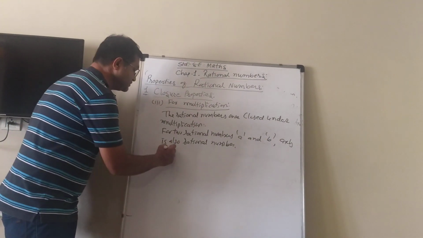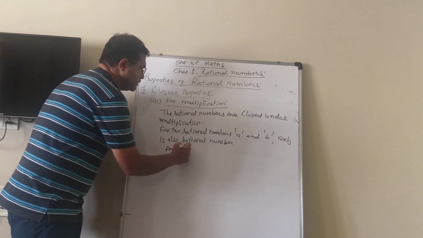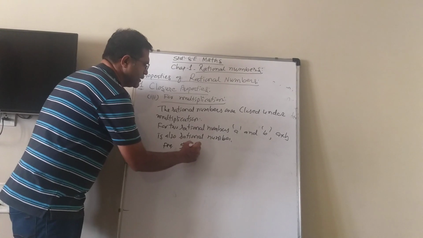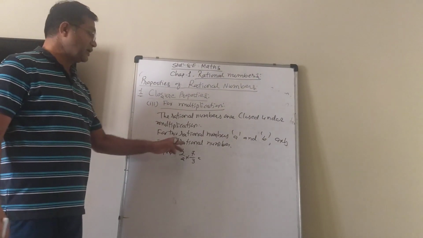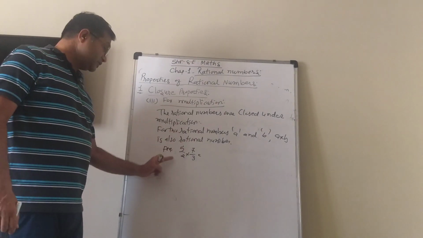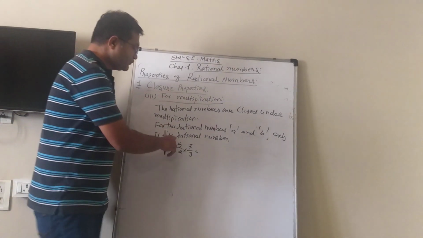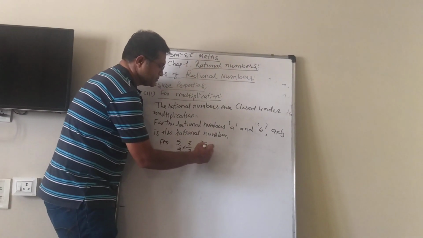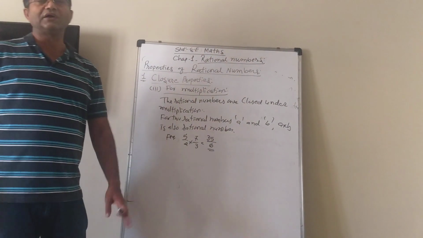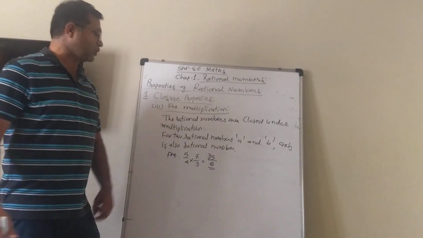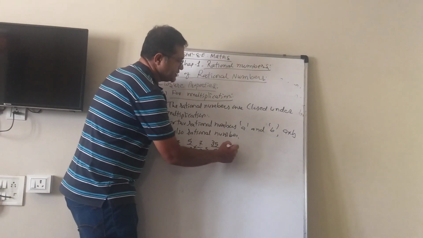Like for example, 5 upon 2 multiplied by 7 upon 3. Here we have to multiply numerator with numerator, denominator with denominator. So 5 sevens are 35, 2 threes are 6, which is also in the p by q form, means it is also a rational number.